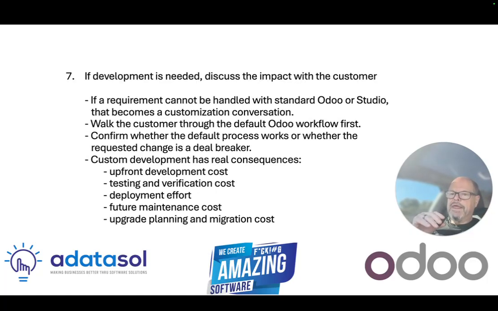So if development is needed, it's super important to discuss the impact with the customer, because the customer may be saying, this is a deal breaker, we have to do this, but they don't understand the ramifications of what that means long term. So you need to walk the customer through the default workflow, and even, using Studio, maybe adding a field here or an automation there.